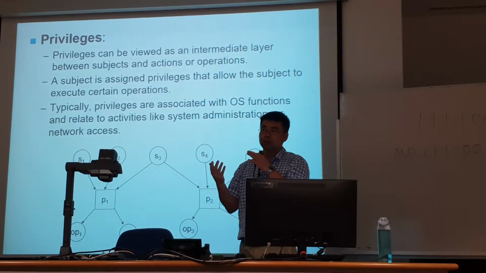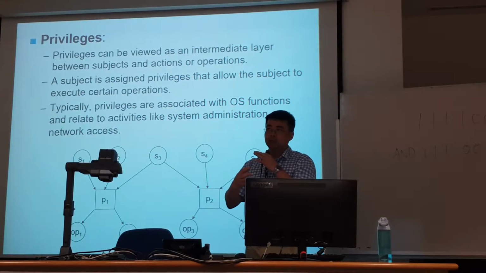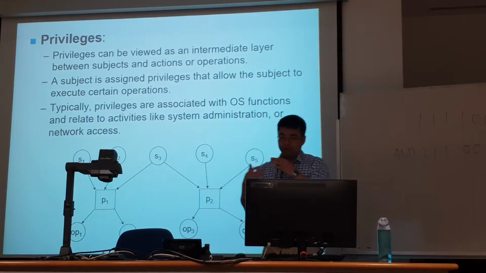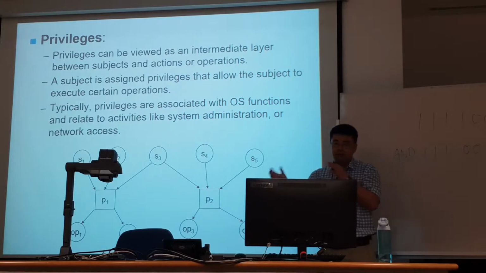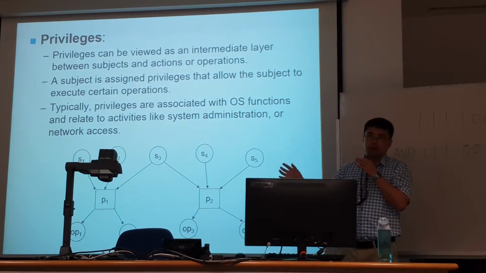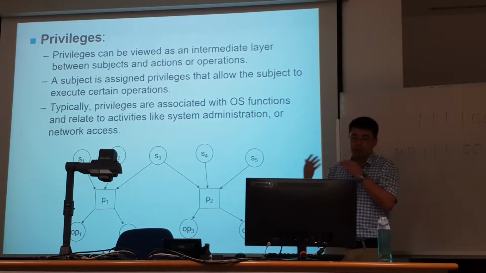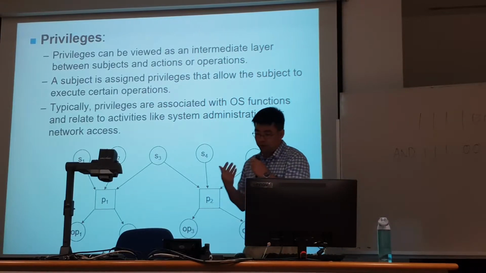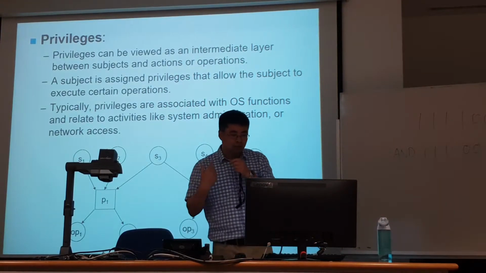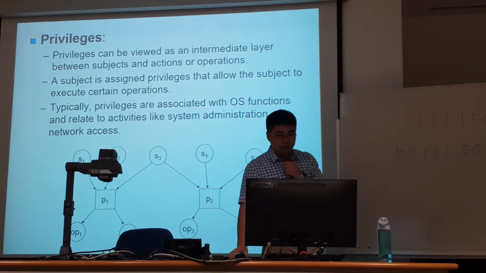Whether you can open a port to allow communication, or whether you are allowed to configure a particular system file, and so on. So based on the operations, we define the privilege. And then we can assign the privilege to different subjects.